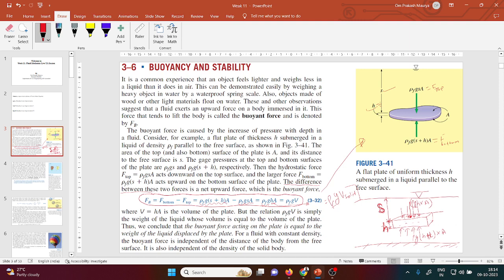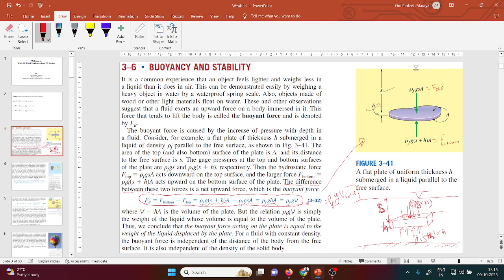I got it, sir. Yes, so here H, here S, and here S plus H. So this is the expression for your buoyant force. If a problem is given like that, you follow this procedure and you will get how much buoyant force is acting on the body.